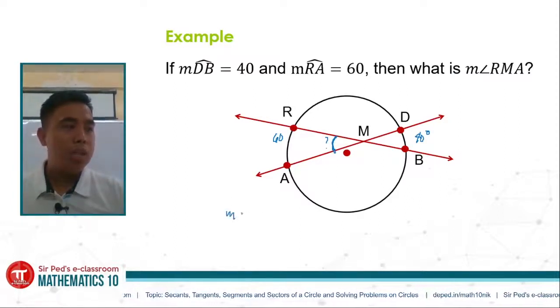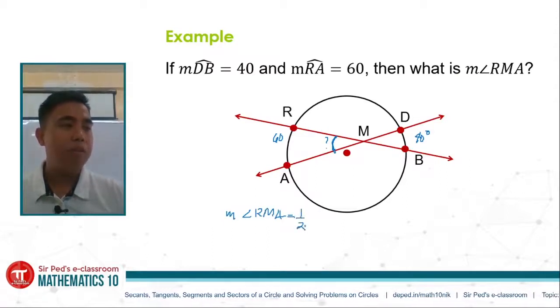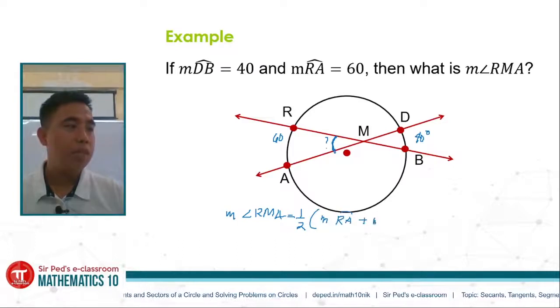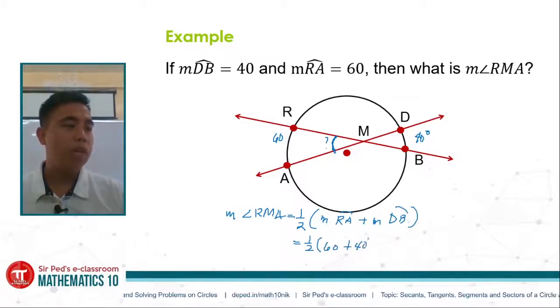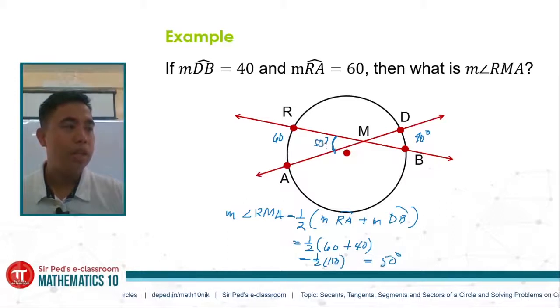Remember that the measure of angle RMA is 1/2 the sum of the measure of the intercepted arcs RA plus the measure of arc DB. So that will be 1/2 of 60 plus 40. So 1/2 of 100. That is equal to 50.